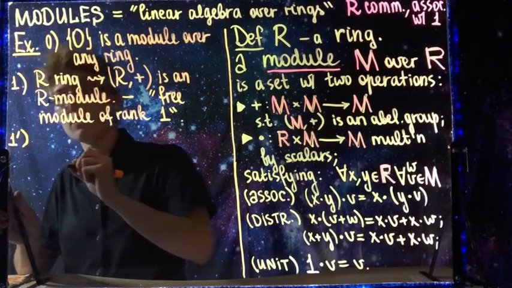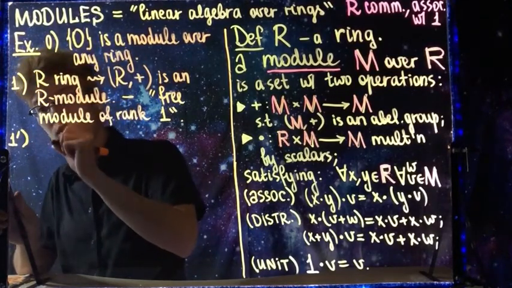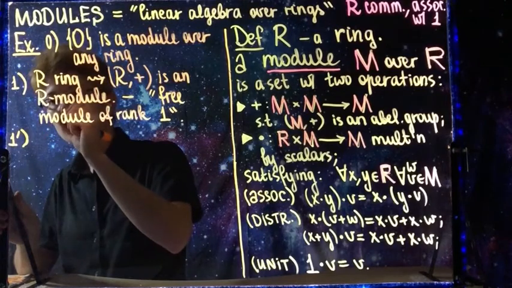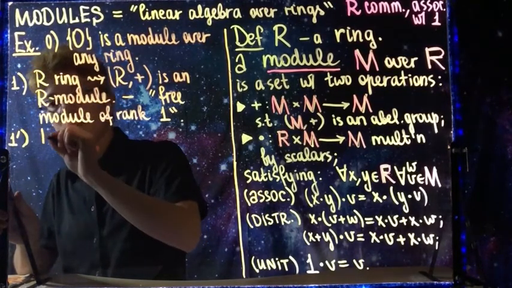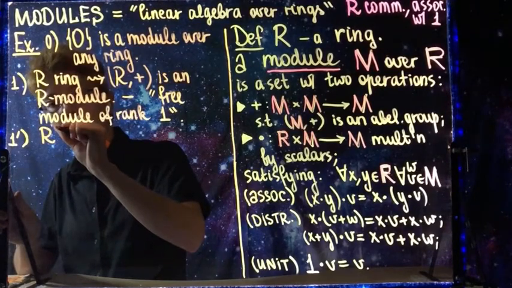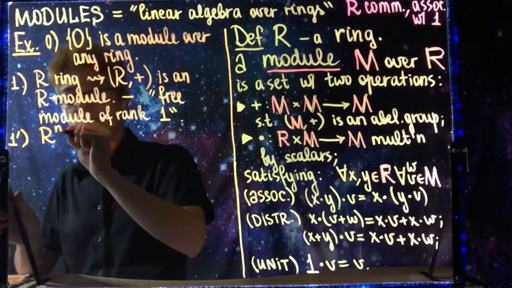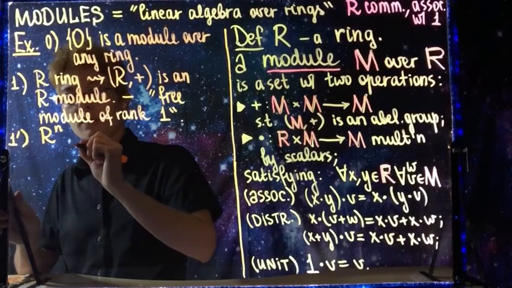And we can in fact define something like R to the power n as an abelian group.